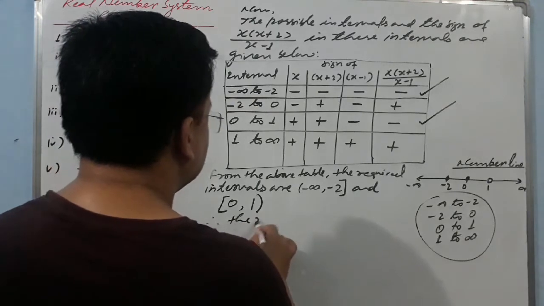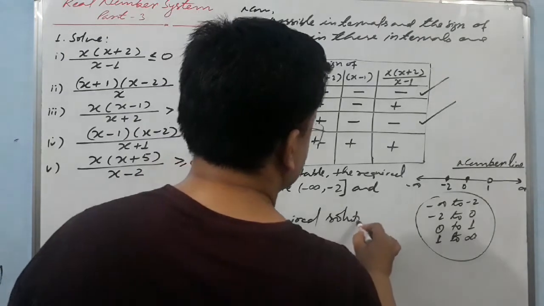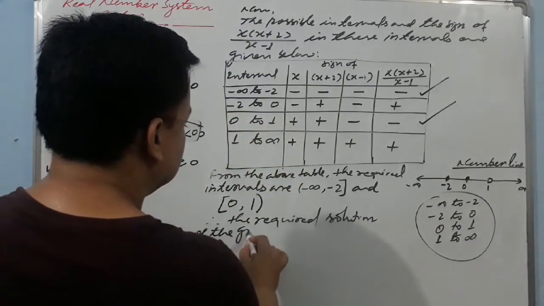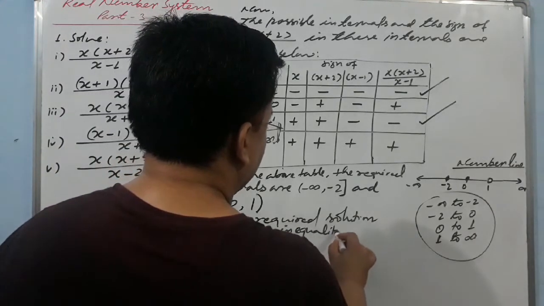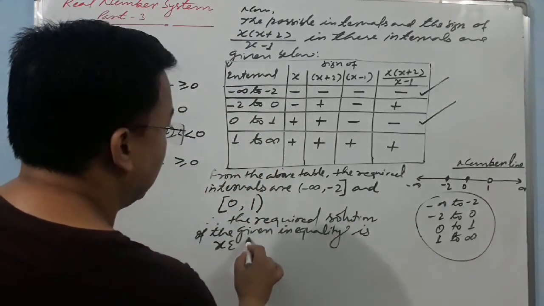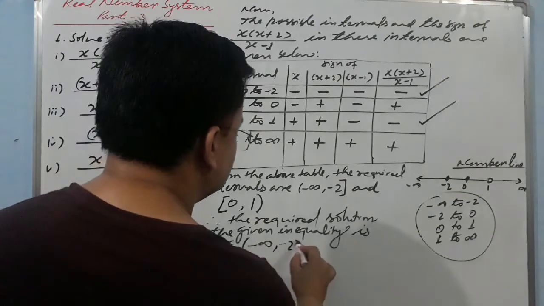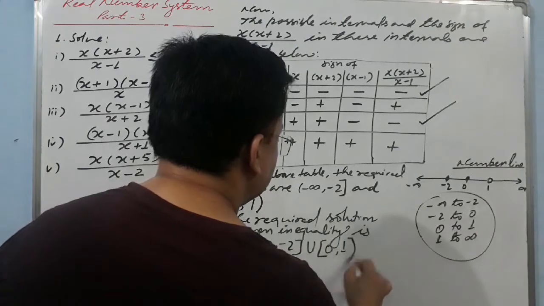Alright, so finally you may write the solution. Therefore the required solution of the given inequality is x belongs to, you need to know how to write down the solution, it's very important, 0 to 1.